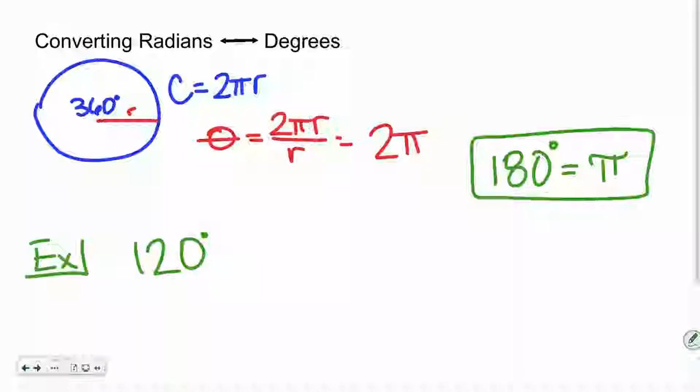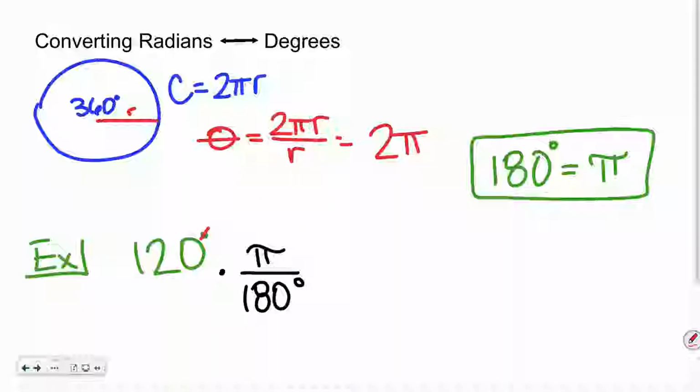I have 120 degrees. I want that to be in radians. We need to multiply by a fraction where what is in the denominator? We want degrees in the denominator because we want them to be able to cancel out. Well, we know that 180 degrees is the same thing as pi radians.